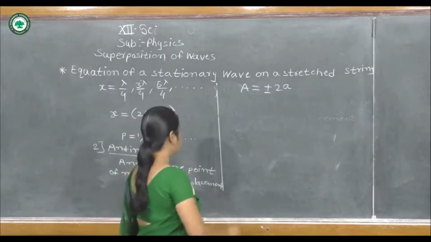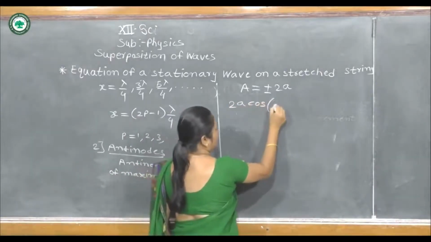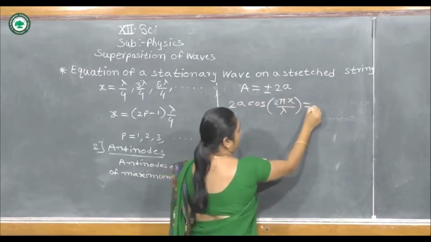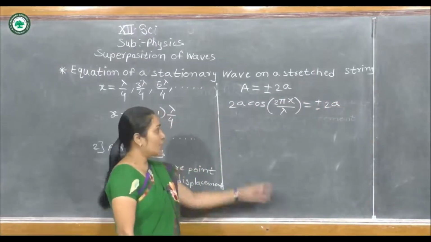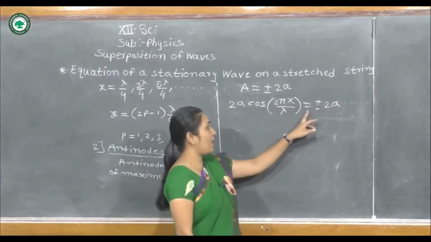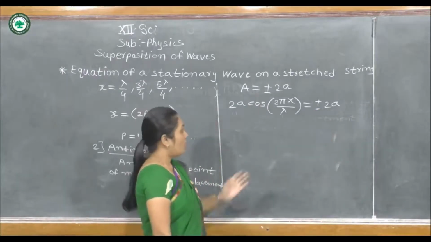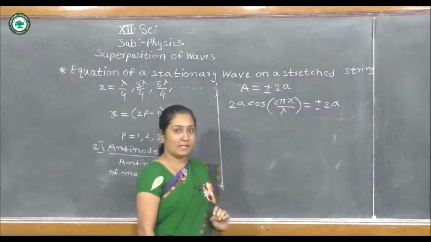So from this we can write 2A cos 2 pi x upon lambda is equal to plus or minus 2A. After simplification, this 2A and this 2A cancel.